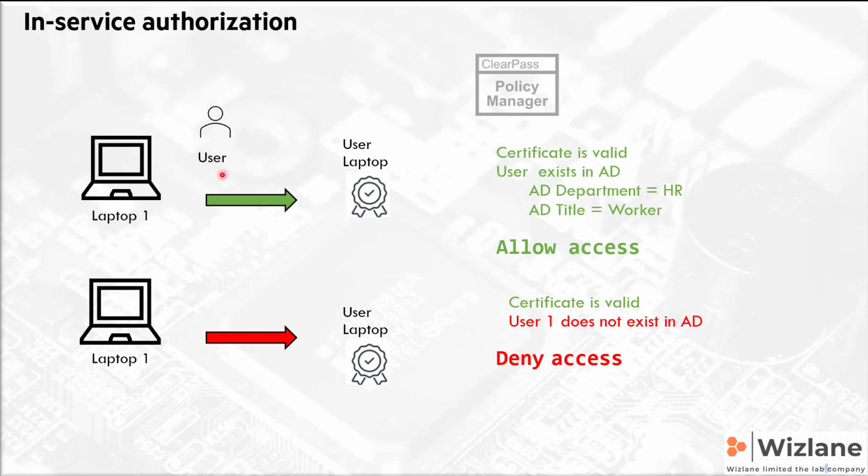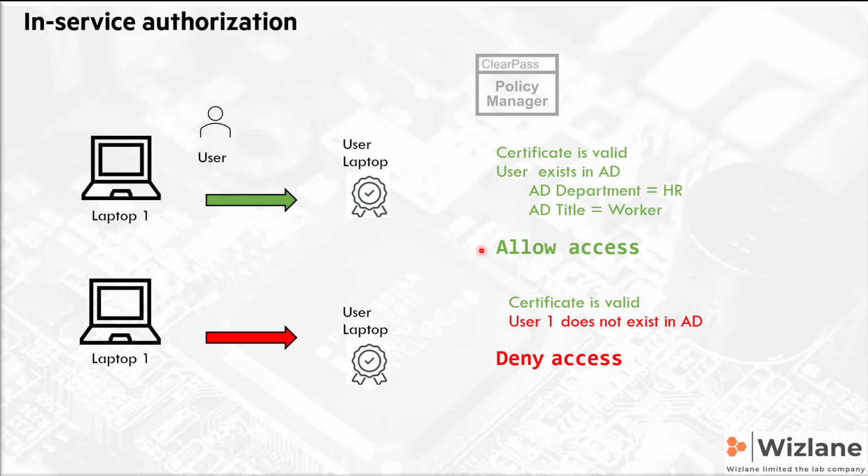Now, in the onboarding process, what we need in the in-service authorization, let us say the same user connects with the laptop, for example. They will check if the certificate is valid, all good and nice, the user exists in AD in whatever department, and we will allow access.